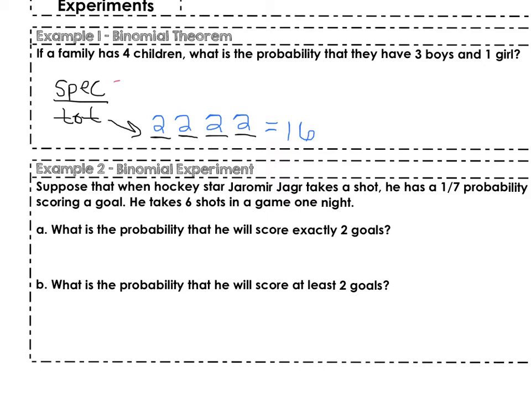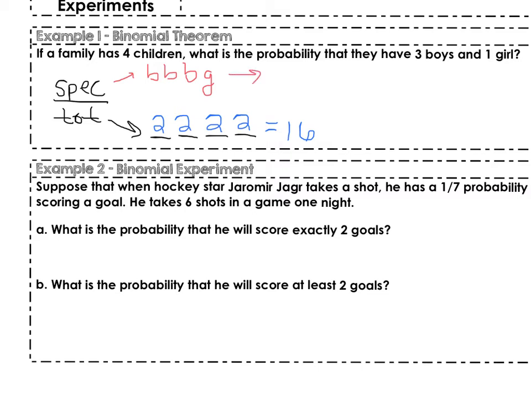Now the specific. One of the ways that I like to treat these is like they're Mississippi cases. So here we go. For this Mississippi case, I want 3 boys, so I'm going to give myself 3 letter B's and 1 letter G. Pretend this is a word. This is a Mississippi case because we have repetition. We have the letter B repeating itself.